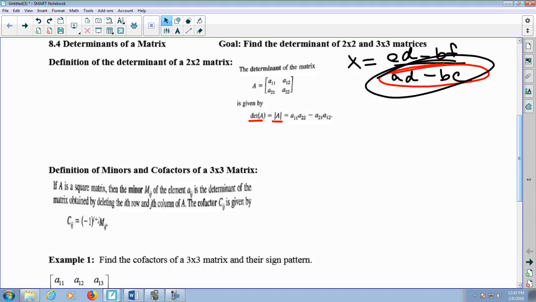But this is the reason why, because we have what are called minors and cofactors of a 3 by 3 matrix. We'll go through this, and it's kind of tedious with the notation, but hopefully you're understanding what I go through, because wherever we see i's and j's, we're just plugging in whatever i equals 1, i equals 2, etc., and j.